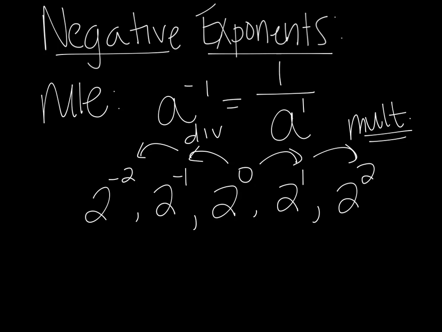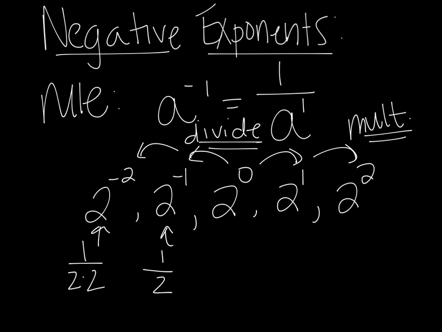We're talking about repeated division. So if we're considering it repeated division, 2 to the negative 1 tells me divide by 2 one time. Well, that's the same thing as 1/2. I'm dividing by 2 one time. 2 to the negative 2 is going to tell me divide by 2 twice, which is the same thing as 1 over 2 squared.